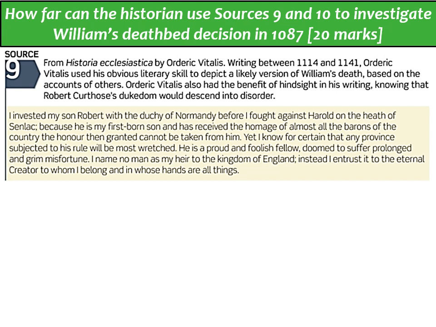So with source 9, the first thing to state is we're going to look at the provenance. It's not the order in which the worksheet states, but this has been written by Orderic Vitalis. Now, Orderic Vitalis we've come across before. He's born roughly around 1075 to a hybrid family. So he's half English and half French, which gives us a very unique perspective.